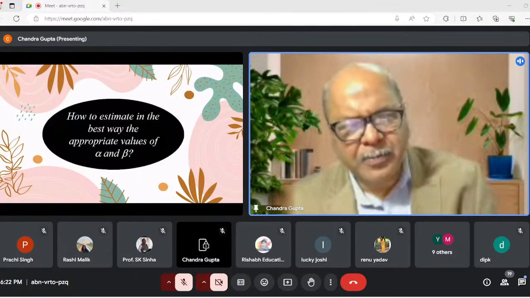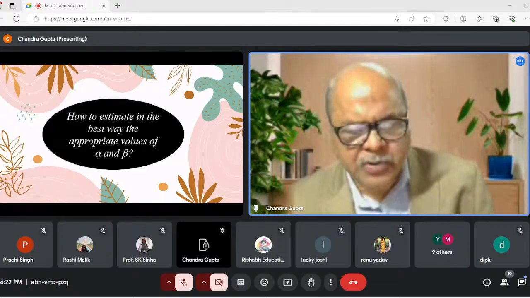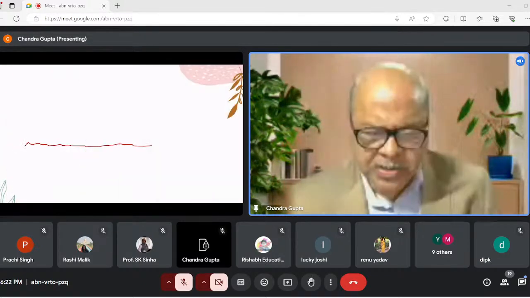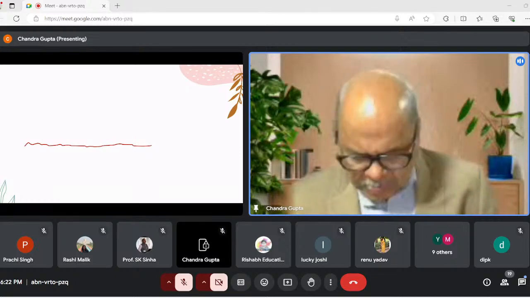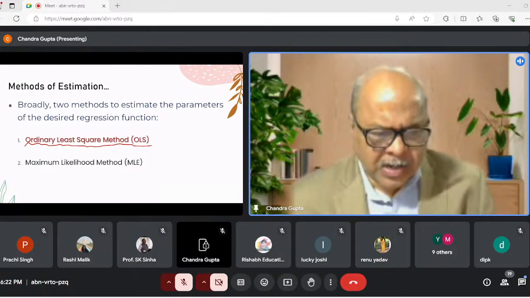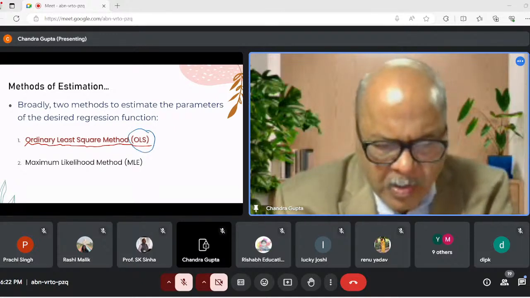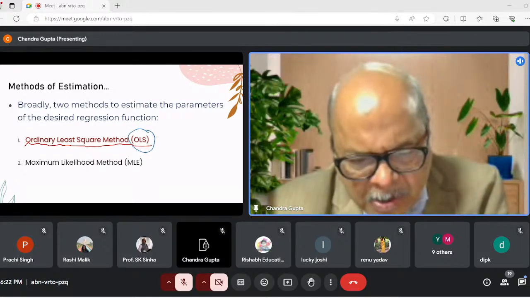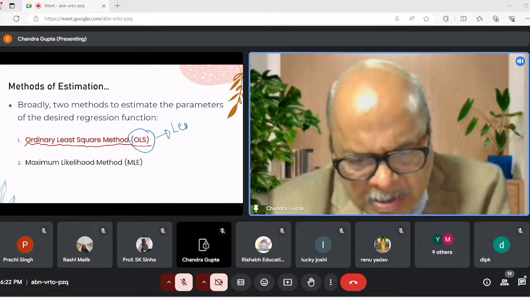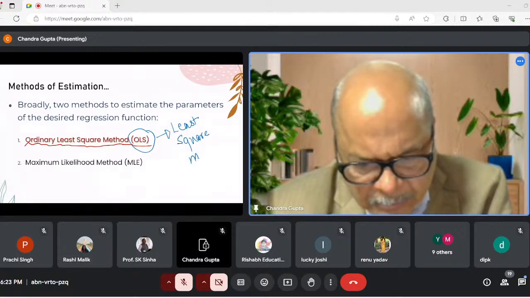These are the parameters, and we want to find the estimates of these parameters. For that, we use some estimators. There are two estimators which we use: the maximum likelihood method and the ordinary least squares method, which is called OLS. Many times this is simply called the least squares method.